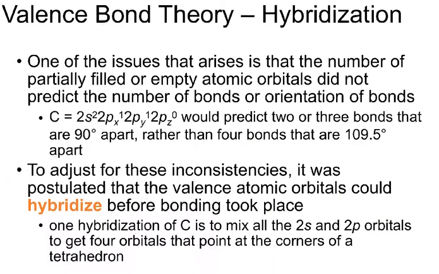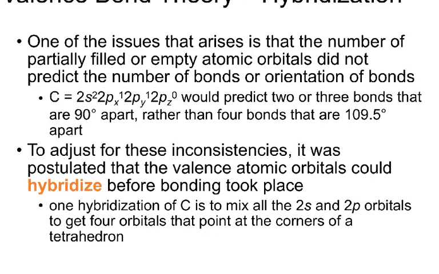So to explain how orbitals interact, we're going to talk about valence bond theory. So partially filled or empty atomic orbitals don't predict the number of bonds or the orientation of them. So to adjust for that, we're going to hybridize these orbitals together into molecular orbitals and then form the bonds.